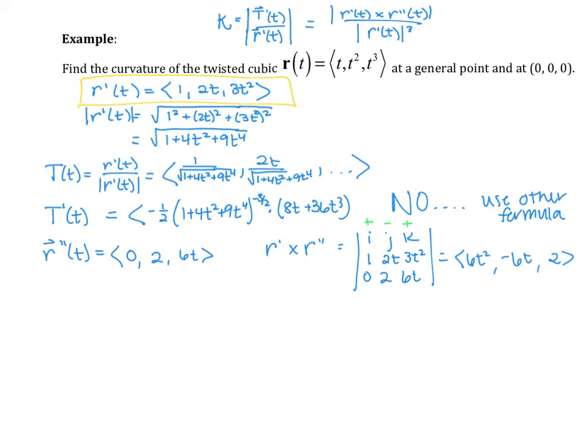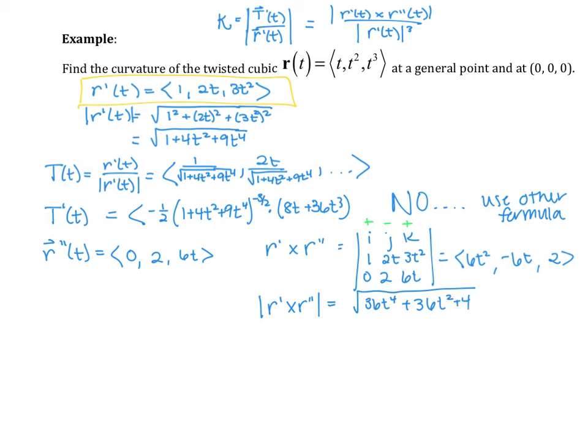And then I need the magnitude of that. So the magnitude of r prime cross r double prime is going to be the square root of 36t to the fourth plus 36t squared plus 4.